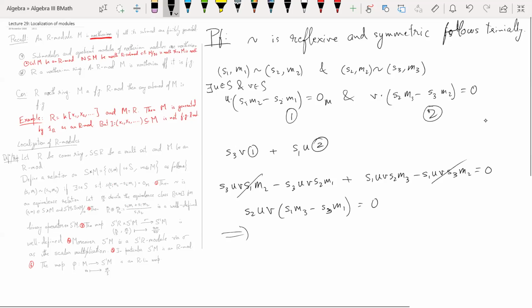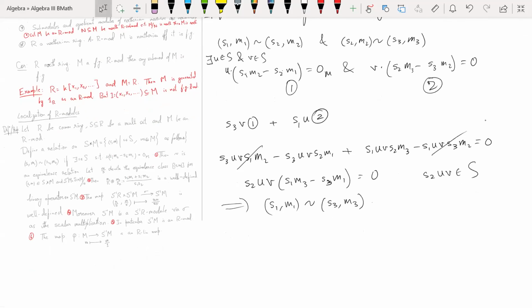Now since S is closed under multiplication, S2UV belongs to S. So this implies that S1M1 is related to S3M3. So this is indeed an equivalence relation.